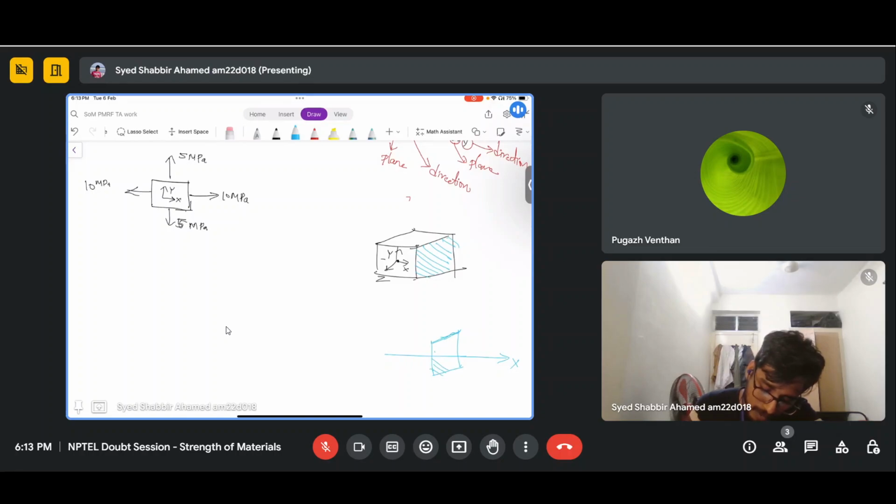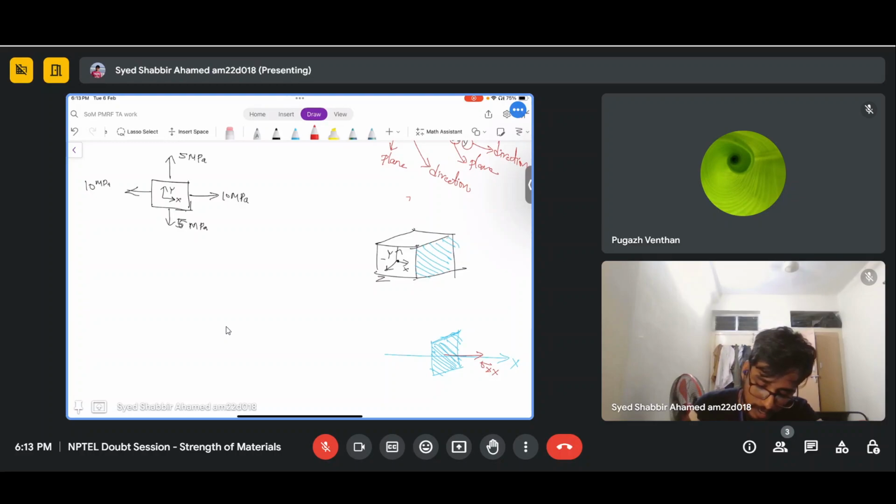That's why this plane will be called the x plane, or you can say the normal of this plane is parallel to, or lying on, the x axis. That's why this plane is the x plane, and the stress acting normal to it is sigma xx. This is acting on the x plane and in the x direction.